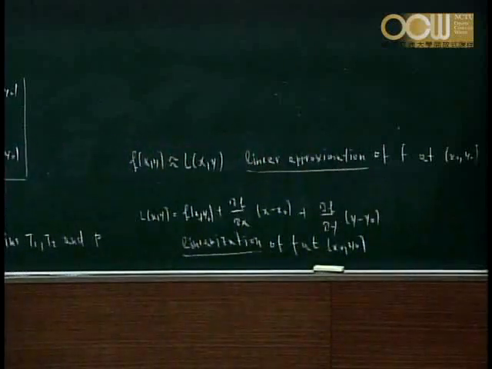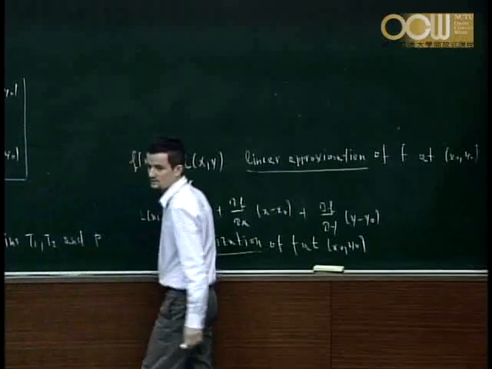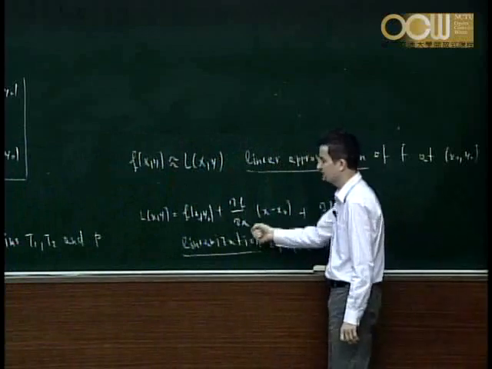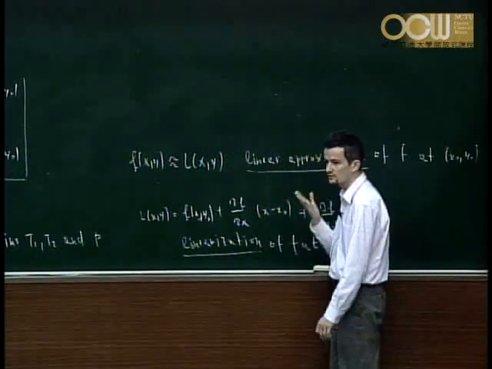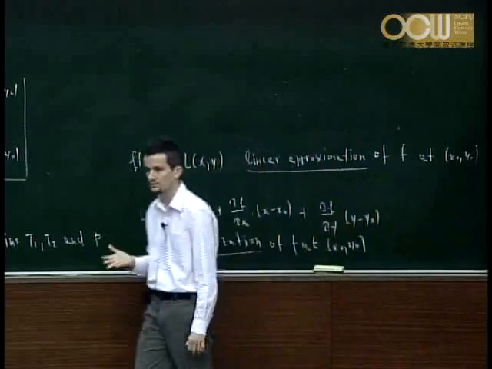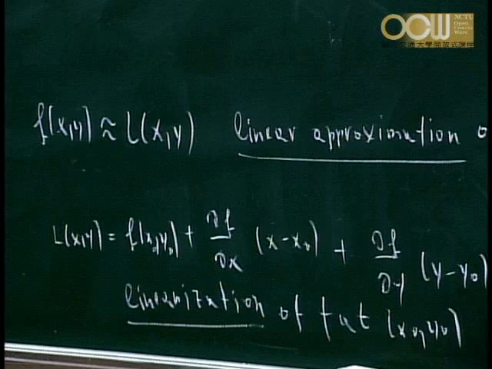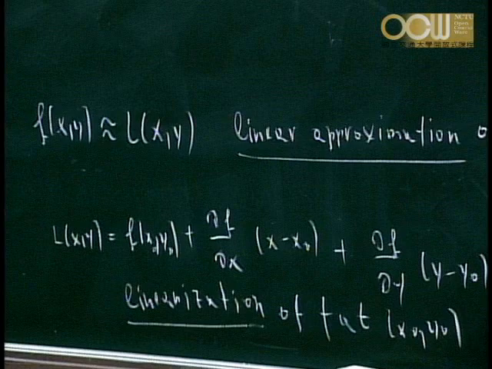Okay, but the next question we should ask ourselves is, how good is this approximation? When the partial derivatives exist, you have a tangent plane. Is this already enough to ensure that the tangent plane is a good approximation of the function or not? Because for a differentiable function f, if we reconsider the definition from last semester, what we expect is not only that the tangent line exists.